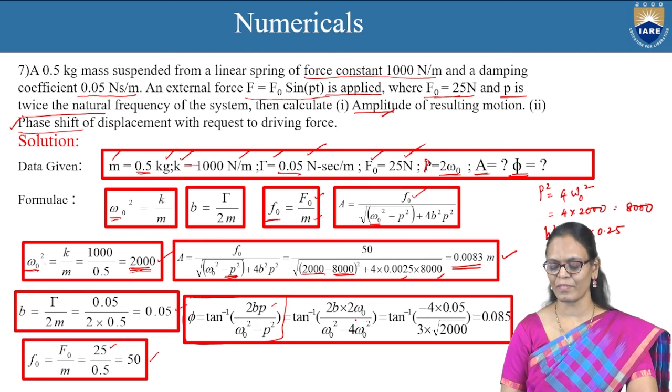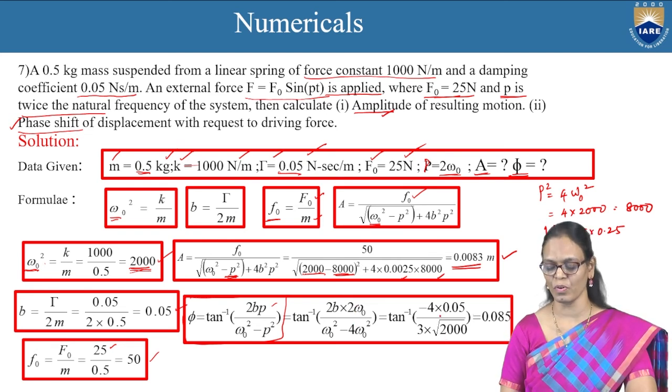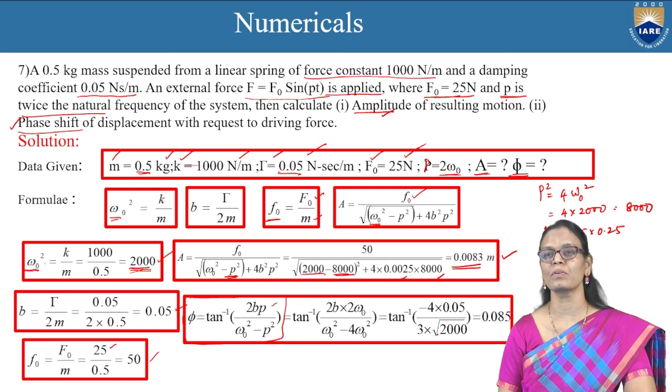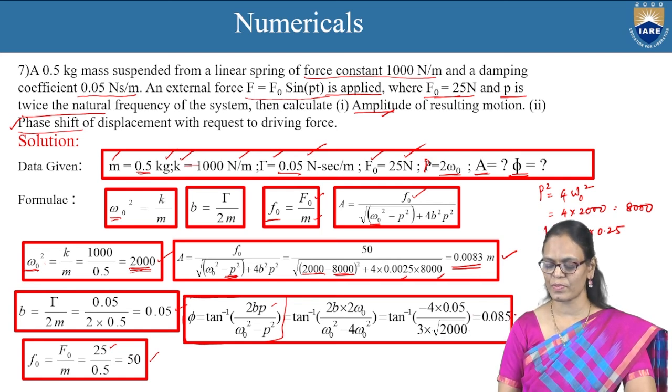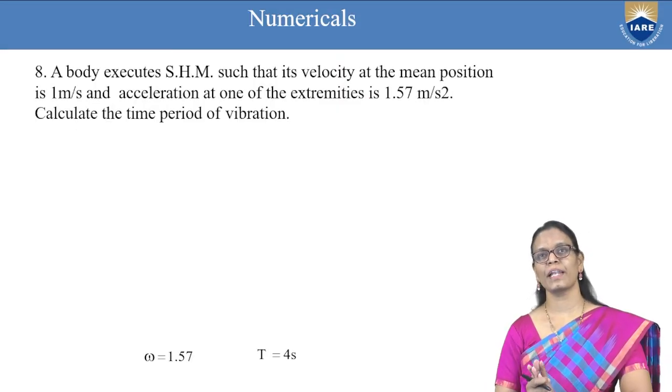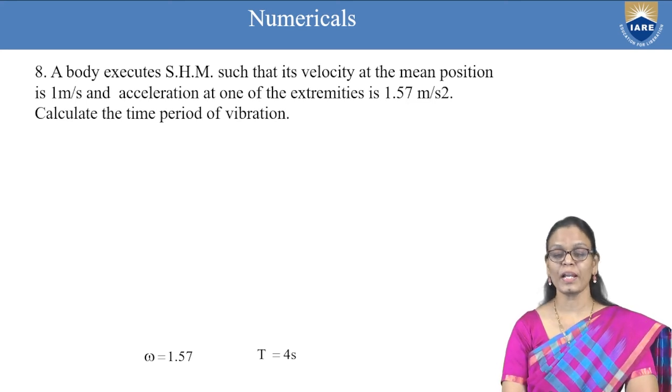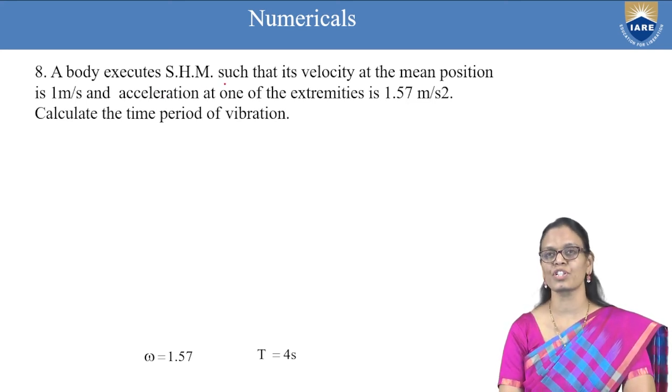So one omega will get cancelled. So we are getting 4 into B upon 3 into under root 2000, which gives us 0.085. So the phase changes by 0.085.